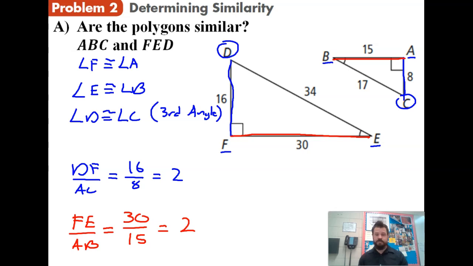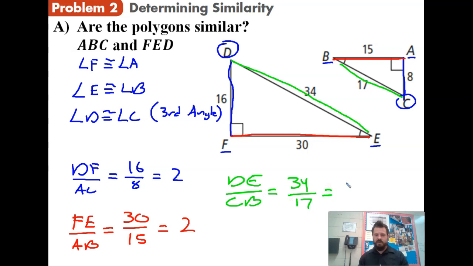So far so good. And then for the last set of sides, we have DE over CB. That's going to be 34 over 17, which also reduces to 2.